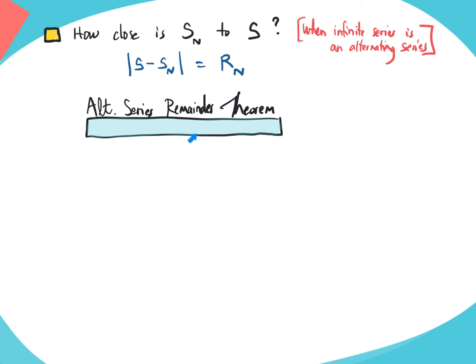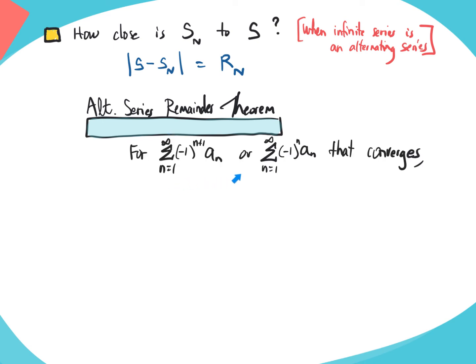We aren't going to prove that here in this video because I'd rather keep the video short, and we'll leave that proof to class. They don't prove it in the textbook, so we'll have to do it on our own. But here's what it says. It says for an alternating series that converges. We should say an infinite alternating series that converges.